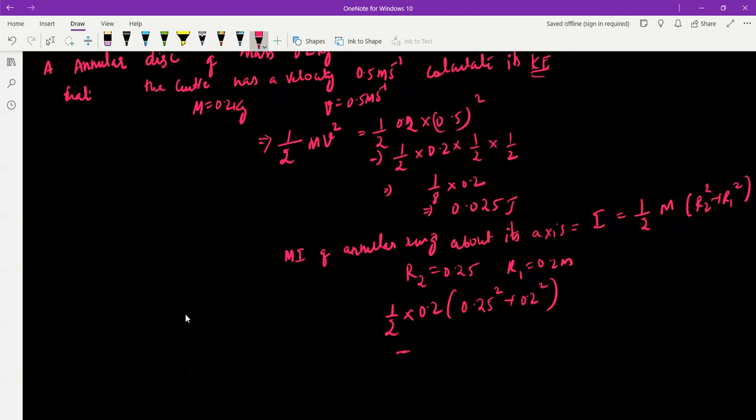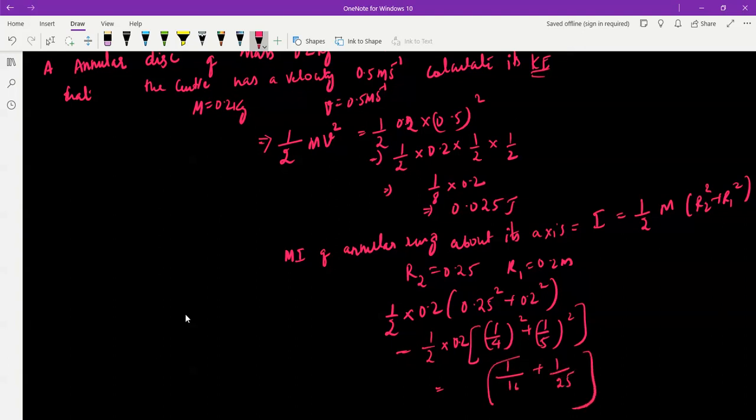So how much will you get? 1 by 2 into 0.2, into 0.25 is 1 by 4 whole square plus 1 by 5 whole square. That comes out to be 1 by 16 plus 1 by 25. 0.2 I can just write as 2 by 10 into 1 by 2, so 2 gets cancelled.